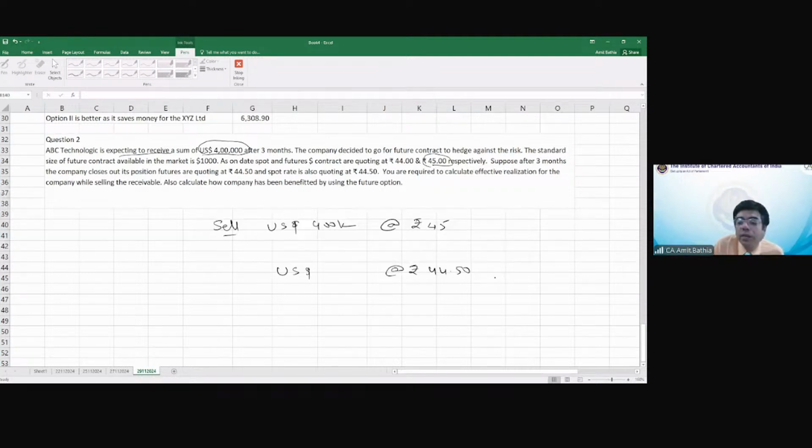So are you going to make money or are you going to lose money? This is the future which I have already sold, right? So I am supposed to receive my consideration at 45 rupees. Now the prevailing price has come down.